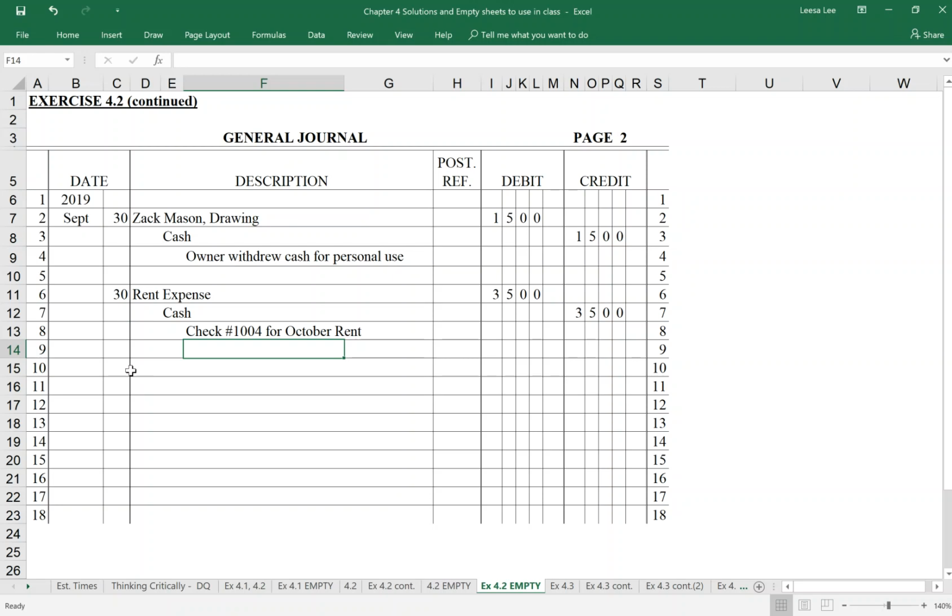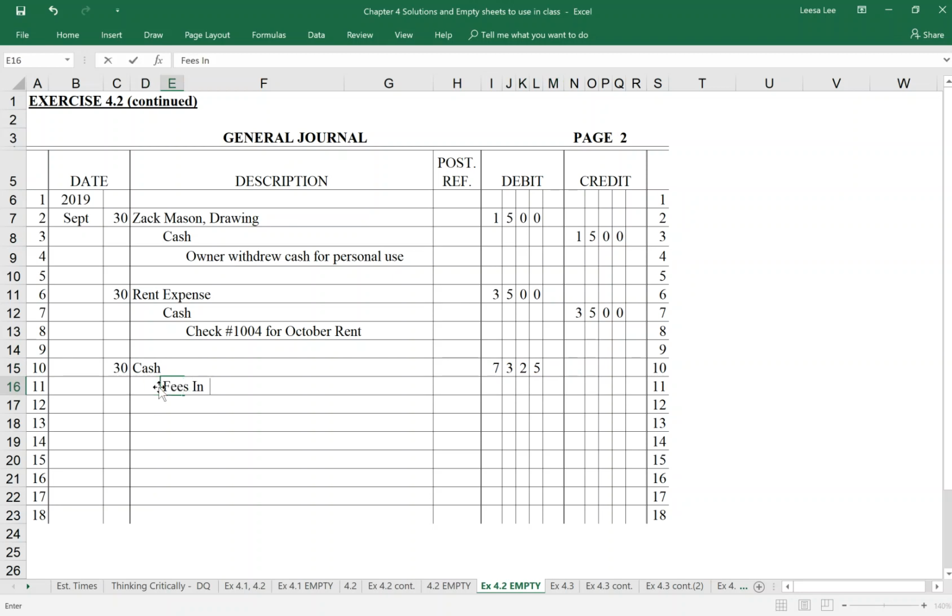Okay, next one, perform services for $7,325 in cash. It's on the 30th. That is cash, 7,325, and that was our revenue account because it was performed services.